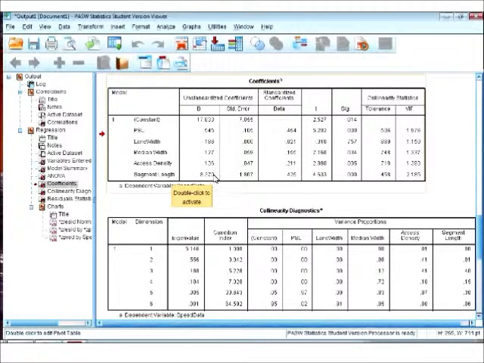I decrease it by 1, I change it to 1 mile. Then my speed, or my dependent variable, will be reduced by 8.37. Clear so far? How do we interpret these values? Everybody?